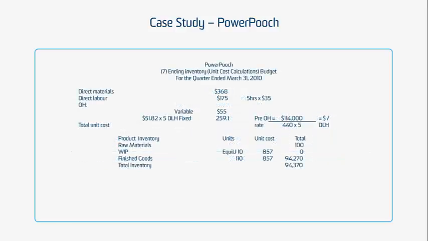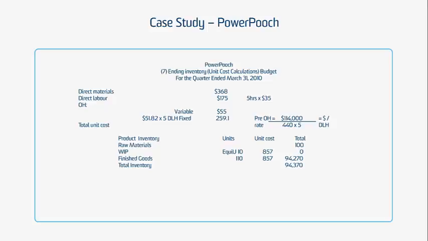For the ending inventory budget, we need to first calculate the cost per unit. Direct materials is given to us as $368 per unit. Direct labour takes 5 hours to construct each unit, and the hourly rate is $35. Multiply the two together and we get a direct labour cost per unit of $175.